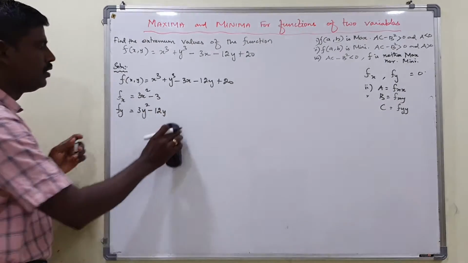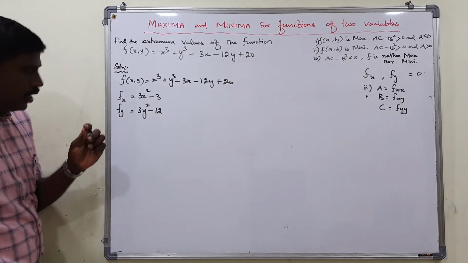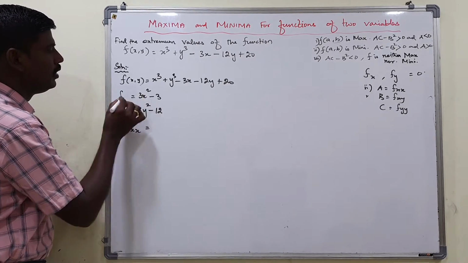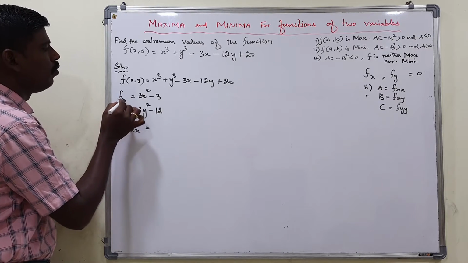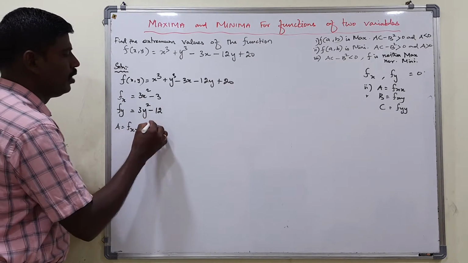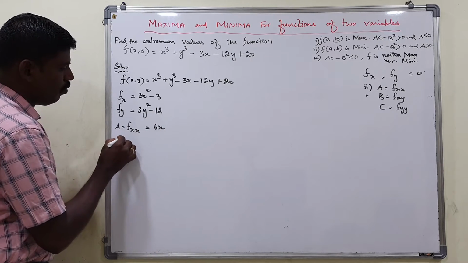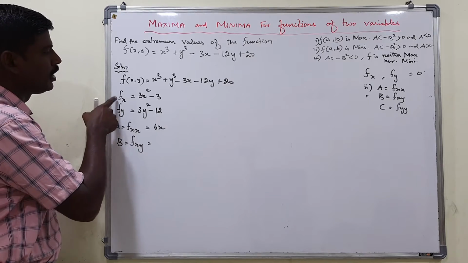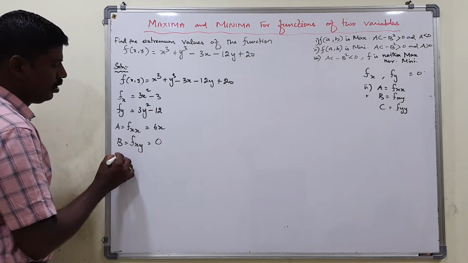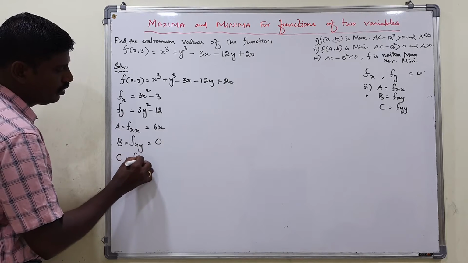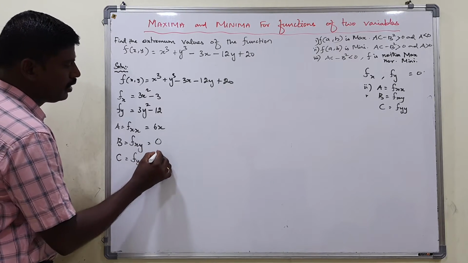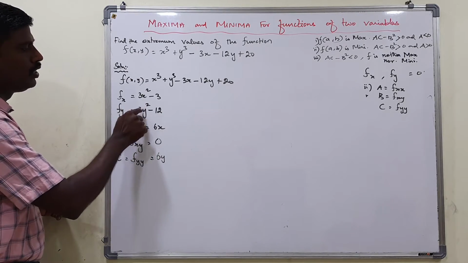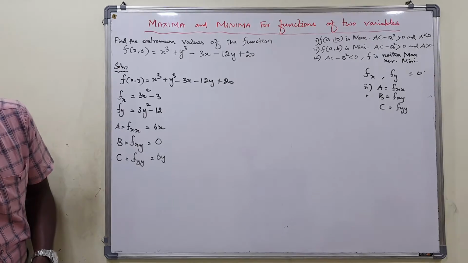Then a is f double x, the derivative of fx once again with respect to x, so it becomes 6x. b is fxy, fx with respect to y partially, which becomes 0. And c is f double y, fy with respect to y once again, so 6y.